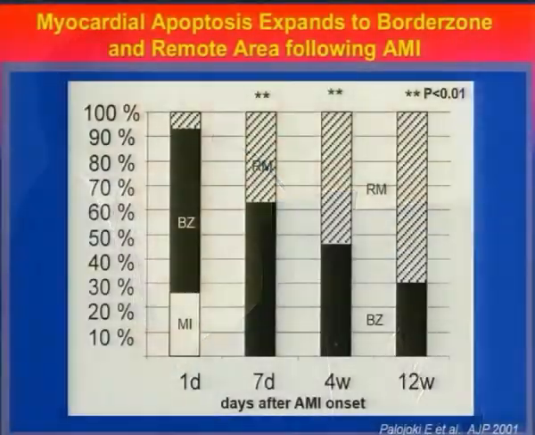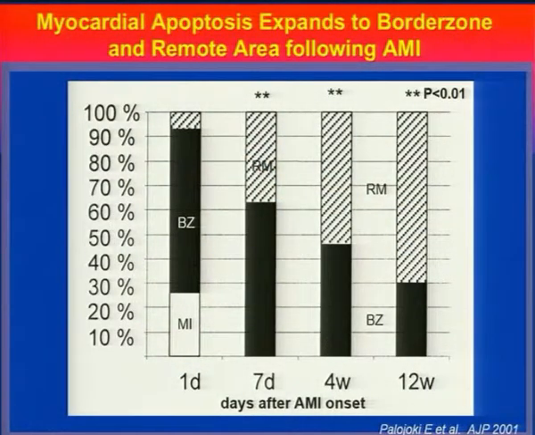And after that, what happens in the remote or border zone area? This is 1 day in the myocardial infarction area. This is the border zone, and this is remote. So in early days, the myocardial apoptosis expands to the peripheral regions. 1 week later, this is the border zone and remote area.